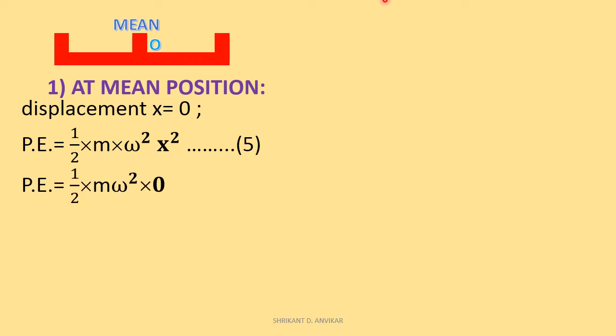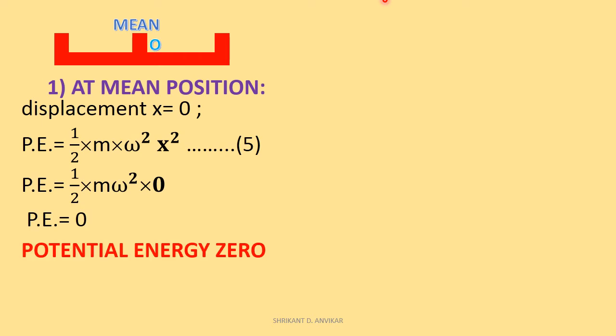We get the potential energy of the particle as 1 by 2 m omega square into 0. That means the potential energy of the particle at the mean position is 0. Potential energy at the mean or equilibrium position in simple harmonic motion is 0.